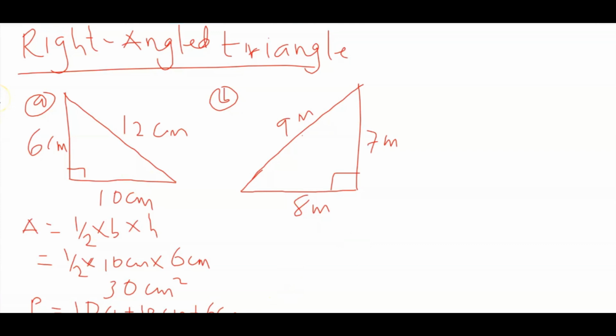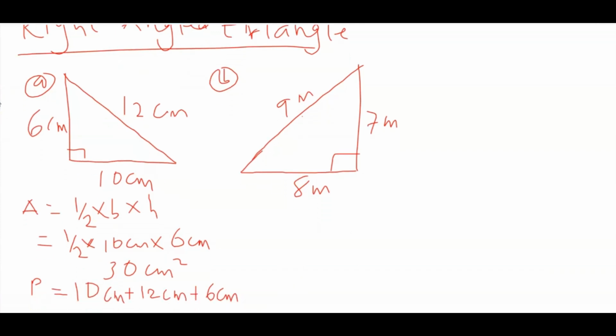When we add all of this, 10 plus 12 gives us 22, and 22 plus 6 gives us 28 centimeter. It's not centimeter squared, sorry, it's just centimeter, because we're talking about perimeter, not area.